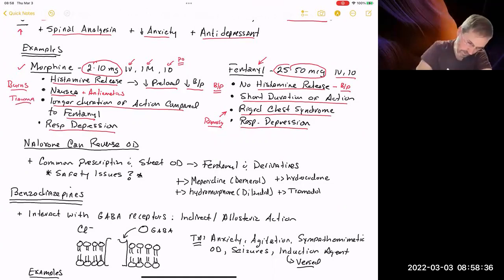Right? If you have a trauma patient, but you stabilize them and blood pressure is not a big issue, giving morphine can be very helpful because it's going to last a long time. And unfortunately, for the patient, sometimes the only time a patient gets medicated for pain may be in the back of an ambulance, right?